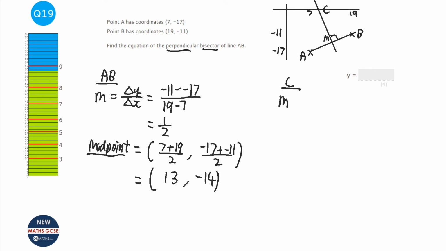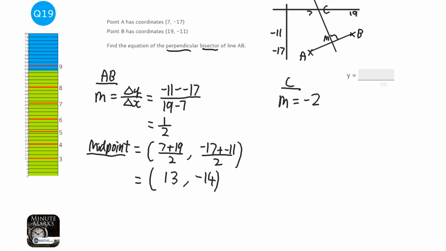So to find the gradient of line C, what we're going to do is flip it. So the reciprocal of half is 2 and times it by minus 1. So it's going to be minus 2. Now, a way of checking that is if you multiply the two gradients together, you should get minus 1, which a half times minus 2 is minus 1.